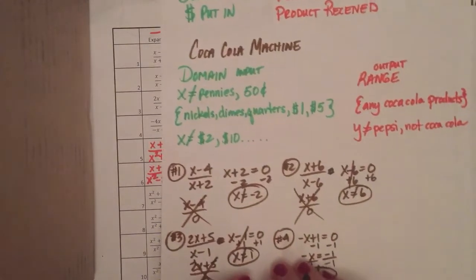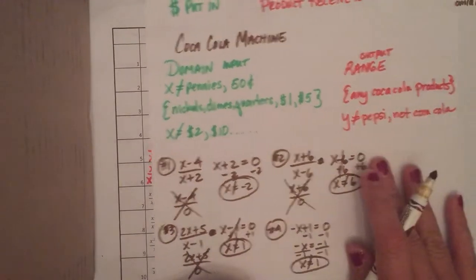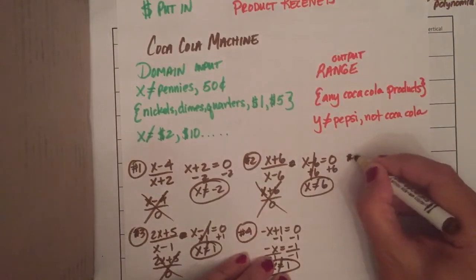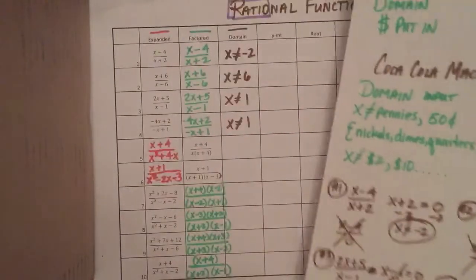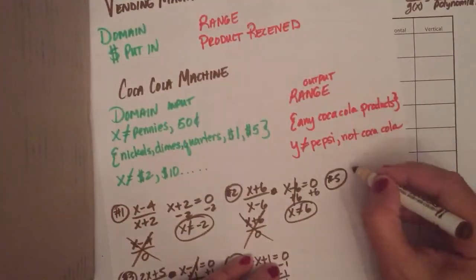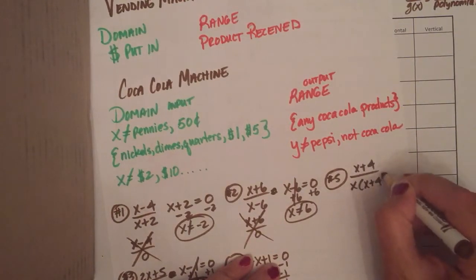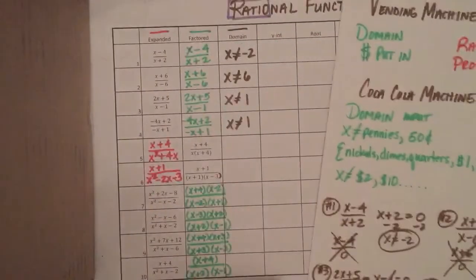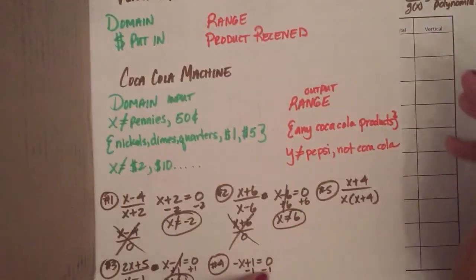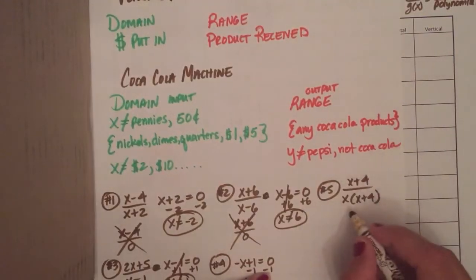Number 5 is a little bit different. So I'm going to move the paper over here. We'll do number 5. And number 5 is x plus 4 over x times x plus 4, I believe. Yes. Okay. So when you look at this one, there's a difference.